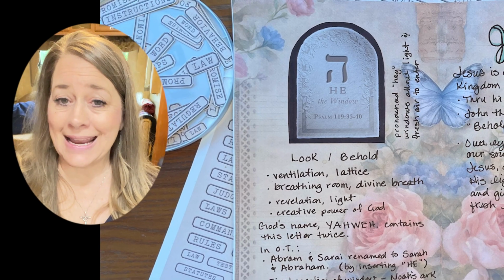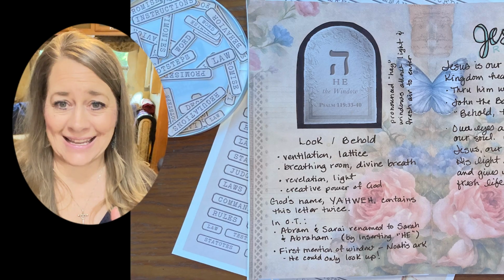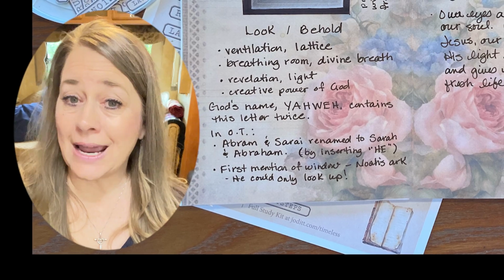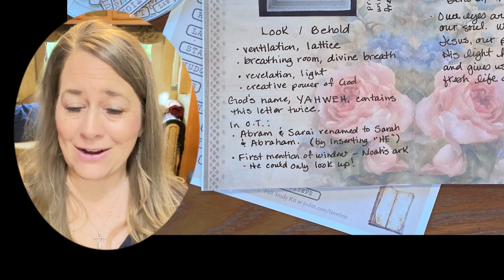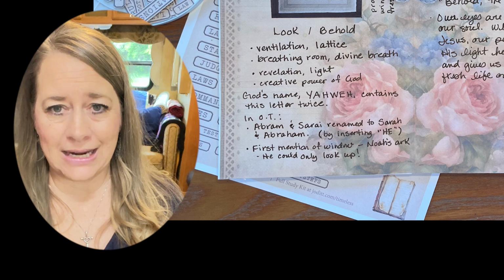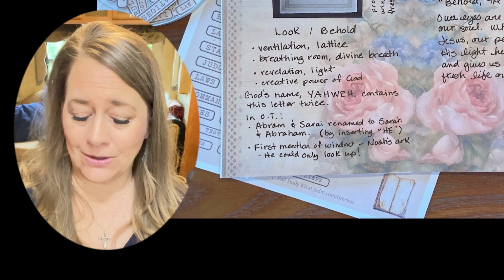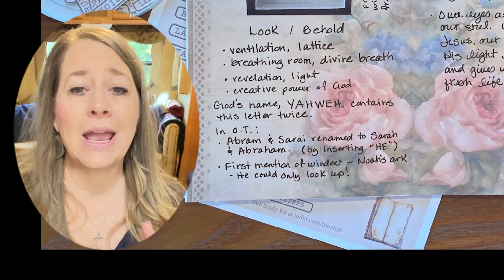Now, God's name Yahweh contains this letter twice, and I find that very interesting. In the Old Testament, Abram and Sarai were renamed Sarah with the H at the end, and Abraham with an H in the middle. And this H in there is this Hebrew letter He.